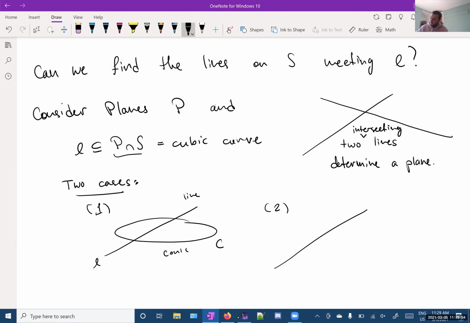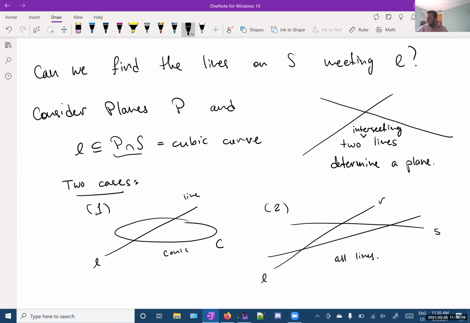So we could have three lines. Maybe this is L and this is R and this is S. I don't know. But these are basically our two cases. We either have a conic and a line, or we have three lines.